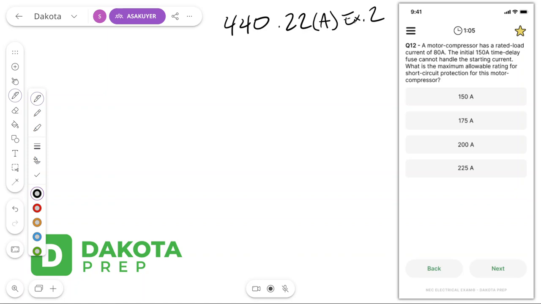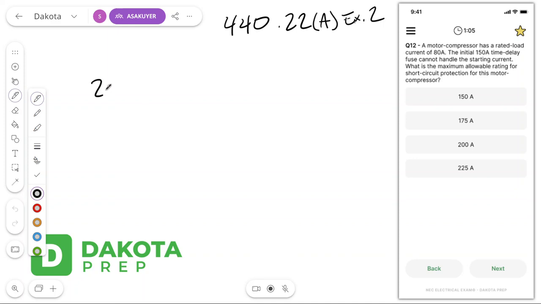So the initial 175%, that's what we're typically going off. If that can be exceeded, you can go up to the next higher standard size per exception number 1. So exception number 2 says, if that's still happening, fine, we'll give you just a little bit more.